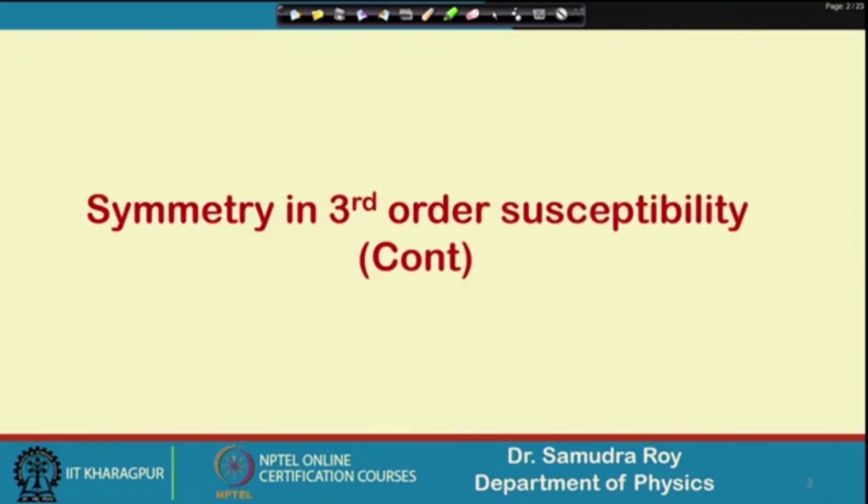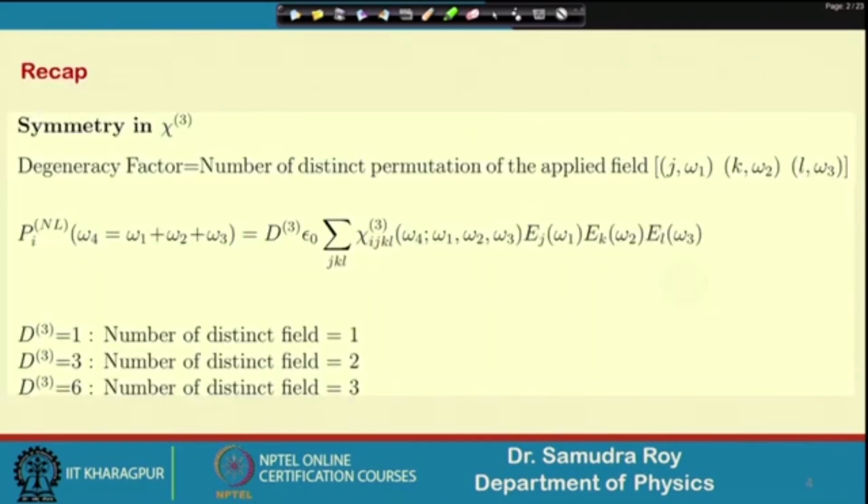So, symmetry in the third order susceptibility, we started this very quickly.